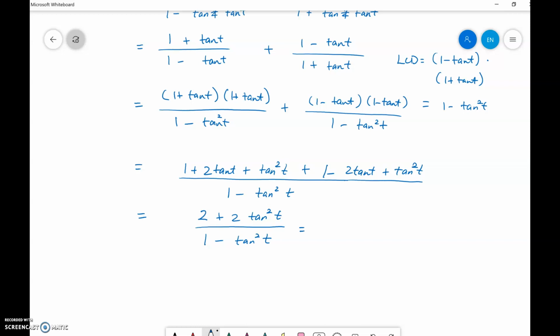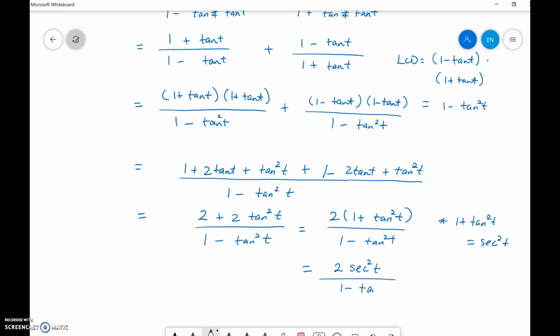I can factor out the 2 to get 1 plus tangent squared of t, which, using the identity, I can rewrite as secant squared of t, which is equal to the right-hand side.